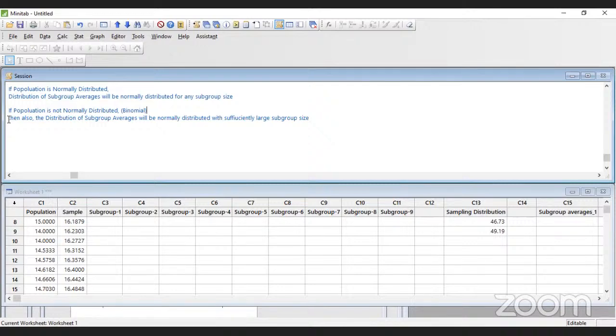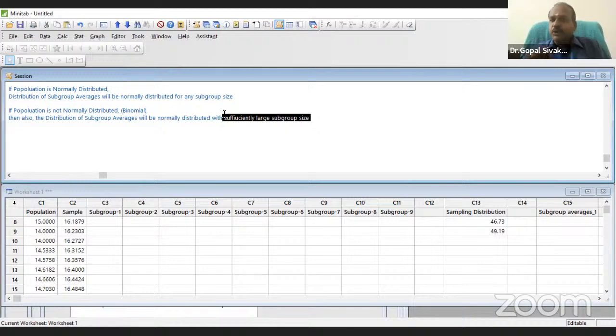Normal distribution. What is the only requirement? Subgroup size should be sufficiently large. If you know this, any problem in the world can be solved using the concept of normal distribution. Is that clear to all of you?